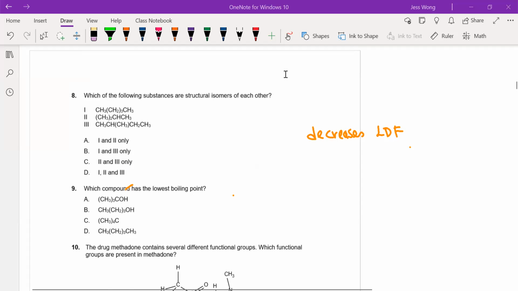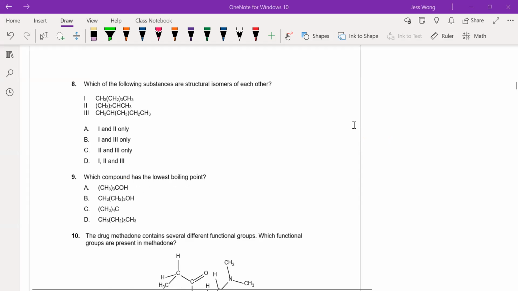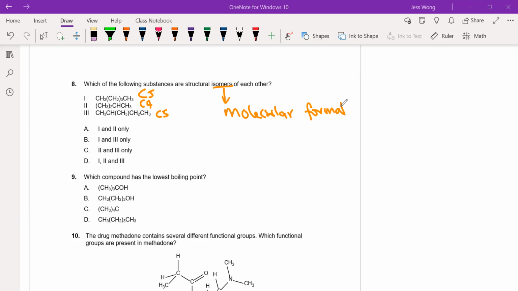Question 8. Which of the following substances are structural isomers? Being isomers, we need to make sure they have the same molecular formula first. If we count the number of carbons, we can briefly check: this is C5, this is C4, this is C5. So first, we must make sure that they have the same molecular formula. You don't find the same molecular formula at all for number 2, right?